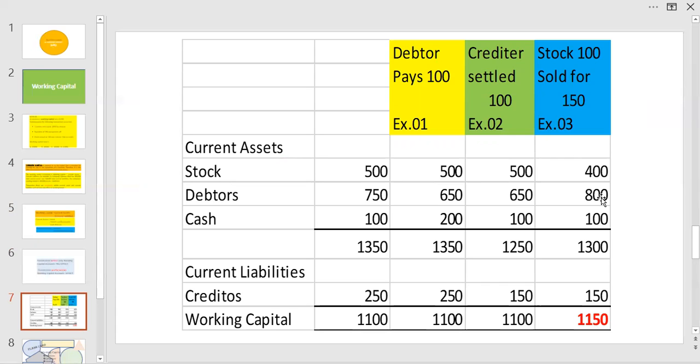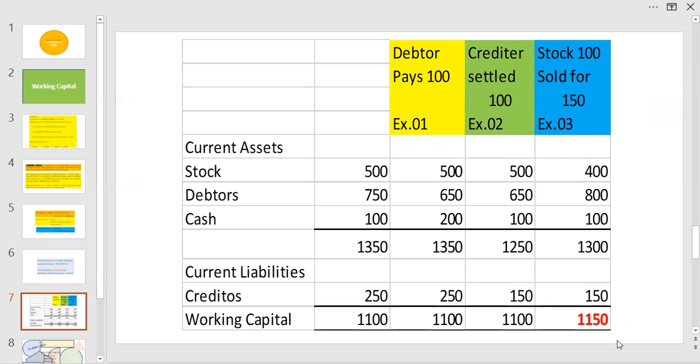If you understand the double entry of these two transactions, let us take the first one, where the debtors amount has gone up. That means debit debtors account. Where has the credit gone to? It has gone to the sales account, which will subsequently be written off in the trading account.